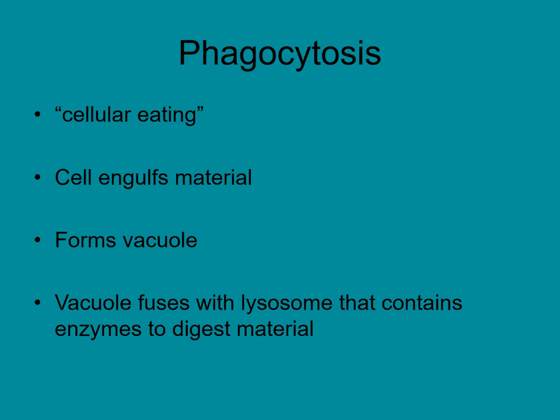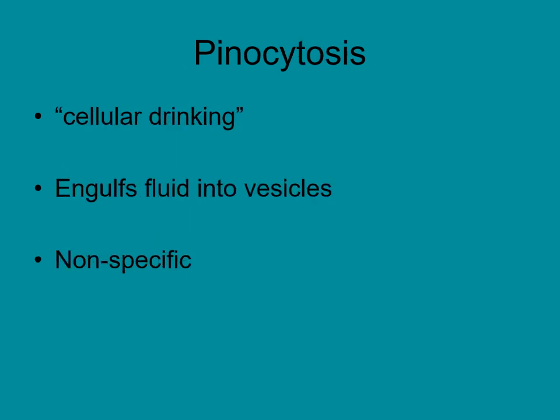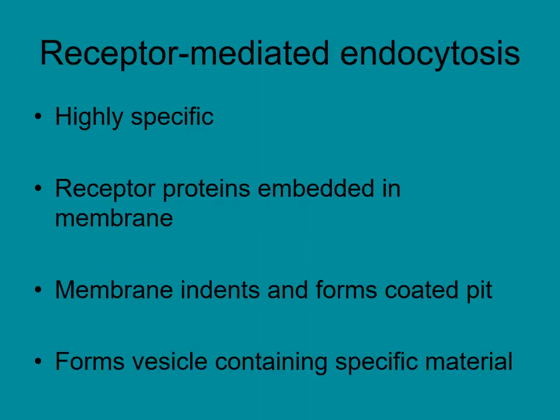It is when the cell's engulfing solid material, and it's going to form a vacuole vesicle, which is then, once it's inside the cell, will fuse with the lysosome that contains enzymes that will break down whatever it just engulfed. Pinocytosis is very similar, however, it's engulfing fluid. Both phagocytosis and pinocytosis are nonspecific, so they can take in whatever they want. So phagocytosis is solid, pinocytosis is fluid.